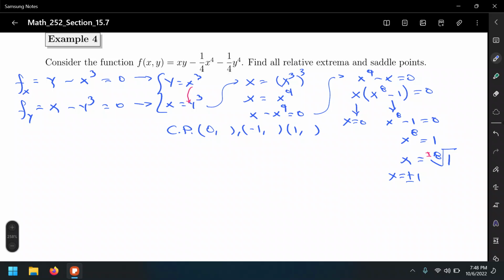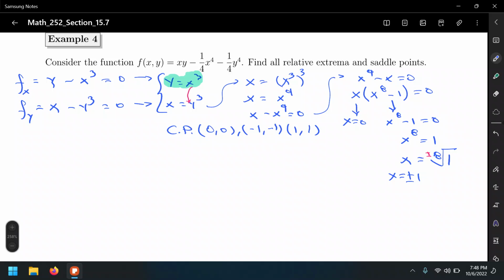So what we can do in this case is go back to the y equation. Let me highlight it so you can see which one it is, to get the y values corresponding to the x values that we just found right here. So 0 cubed, that's going to give us a 0. -1 cubed, what is that going to be? -1. And 1 cubed, that's going to be 1.